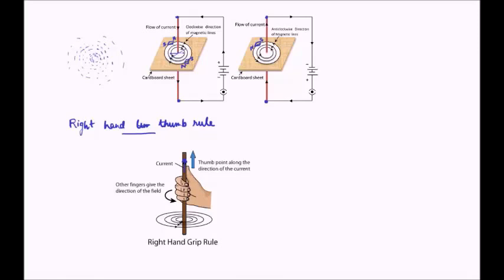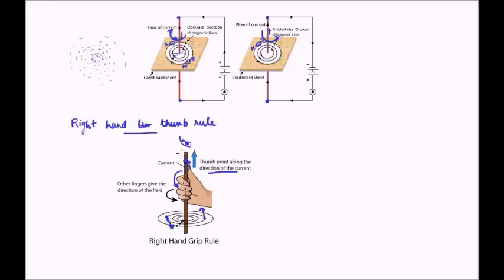What you need to do to find the direction of the magnetic field is hold the current carrying wire in such a way that the thumb of the right hand points along the direction of the current.